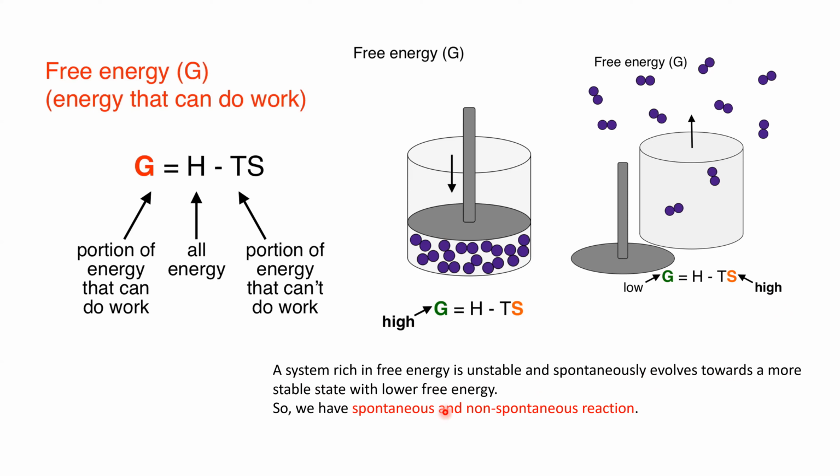So a system rich in free energy is unstable and spontaneously evolves towards a more stable state with lower free energy. So we have spontaneous and non-spontaneous reactions, right? So you see, we are moving forward from the energy, and now we are ending at one level where we are establishing the difference between a spontaneous and a non-spontaneous reaction, right? You have gone through some terms, the SN1, the SN2 terms in our organic chemistry courses. You know the terms exothermic and endothermic reactions, right?